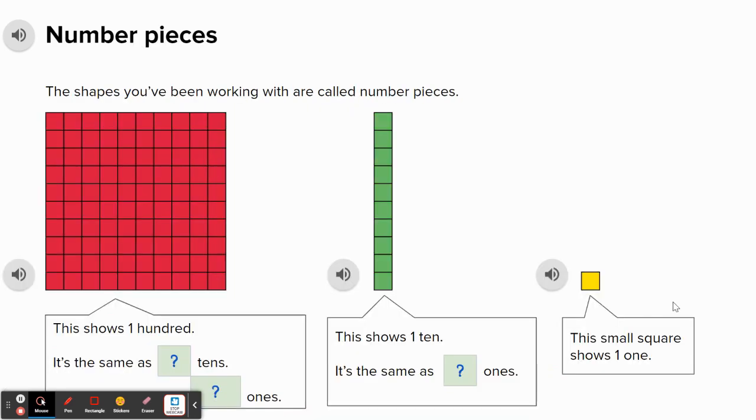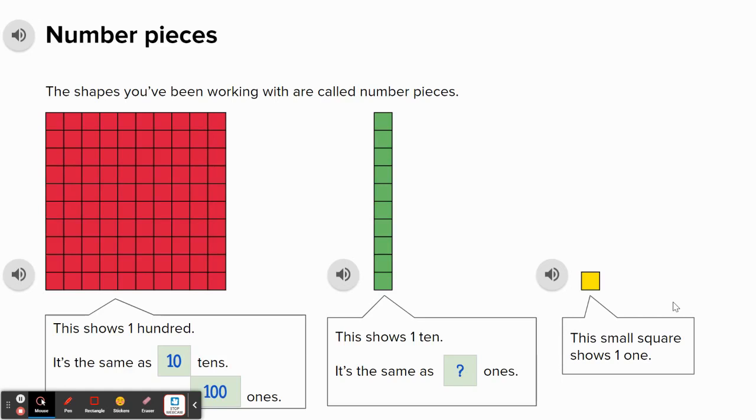So these are the number pieces we will be using during Unit 5, and these are the shapes we've been working with today. The big red block shows 100. The skinnier green strip shows 10. And the small yellow square shows 1.